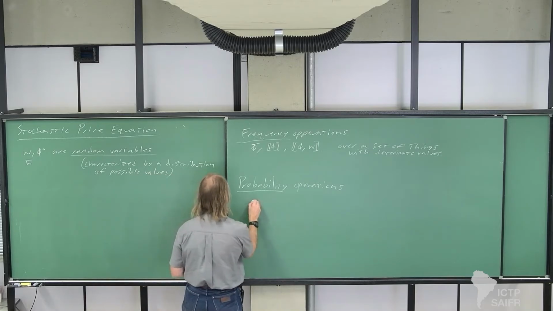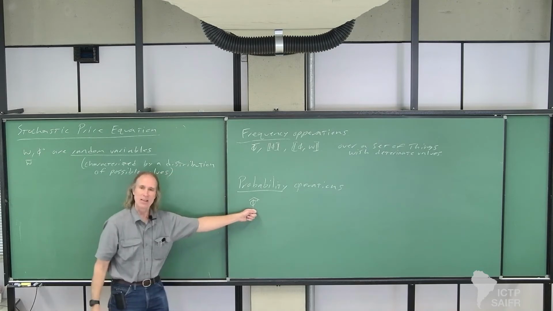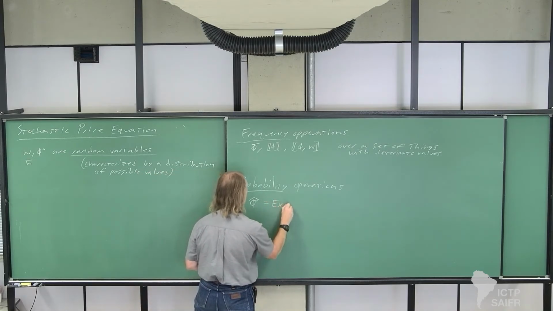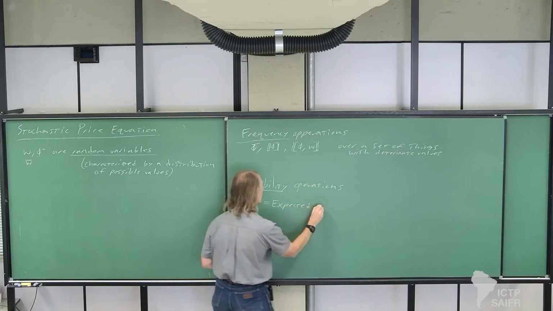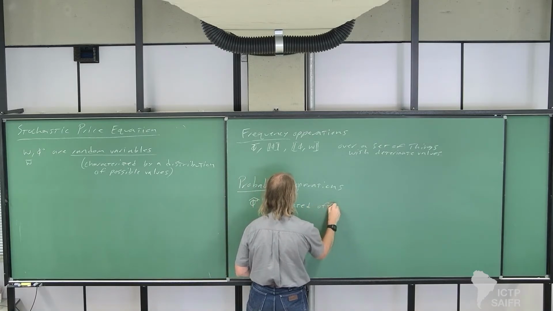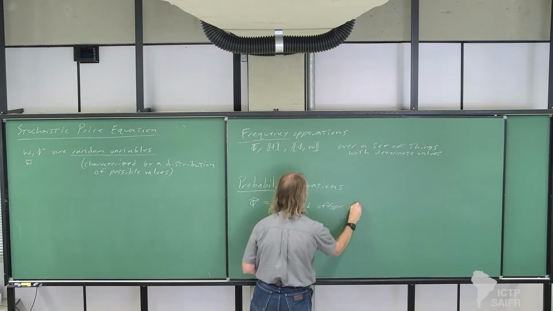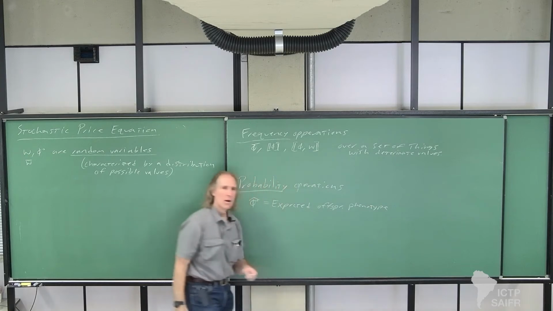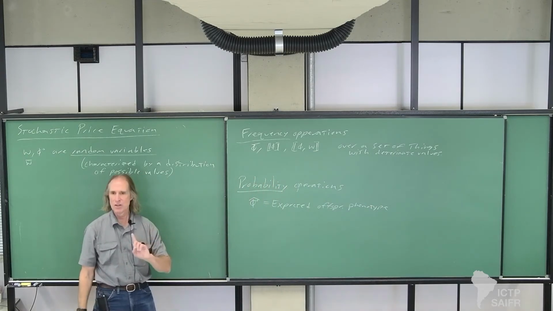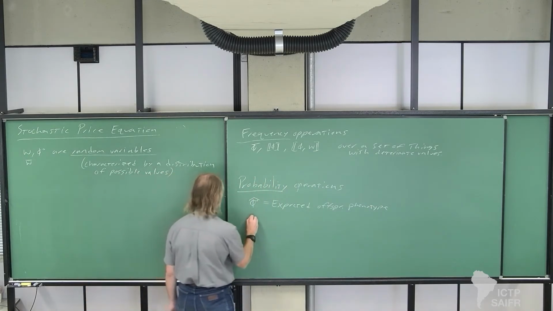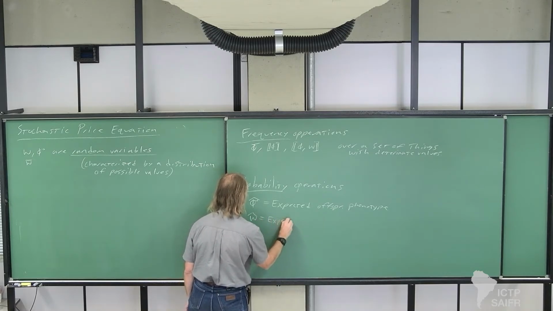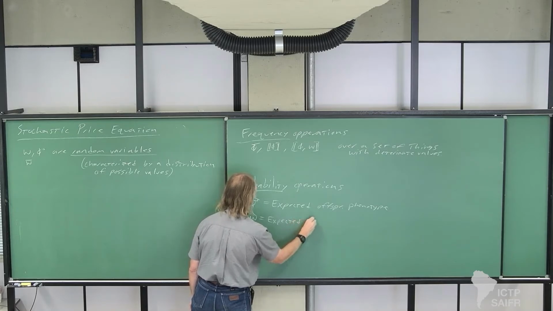So offspring phenotype hat is the expected offspring phenotype. Offspring phenotype, as a probability operation. Okay, W hat is expected fitness.